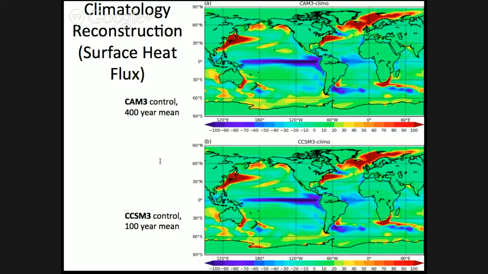You see that this CAM3 control annual average is almost the same as the CSM3 control. Over the Pacific there's strong surface heat flux, and at the western boundary, because the ocean is very warm, the surface heat flux is big. You can see here.